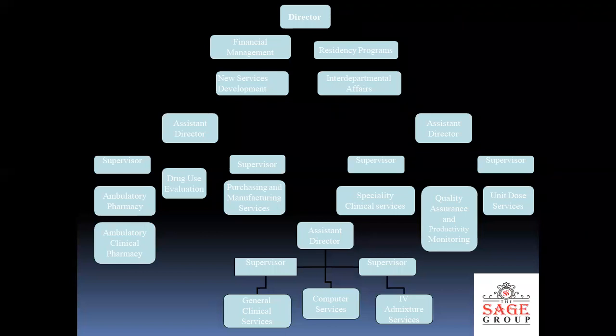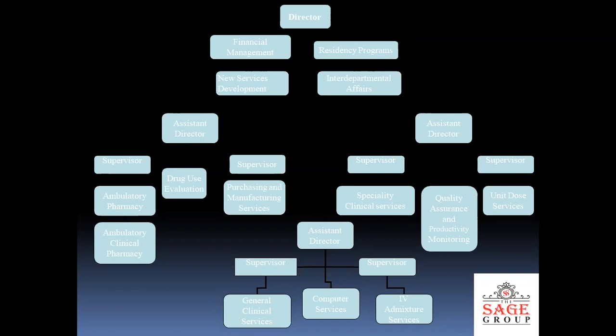After that, drug use evaluation, supervisor of purchasing and manufacturing services. On the right hand side, you can see the assistant director, supervisor and supervisor again.